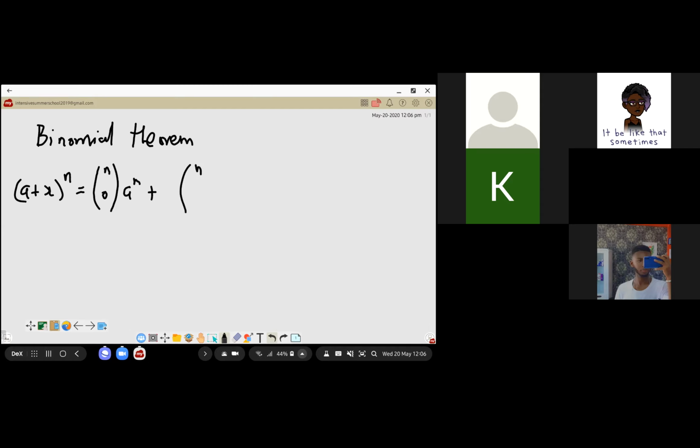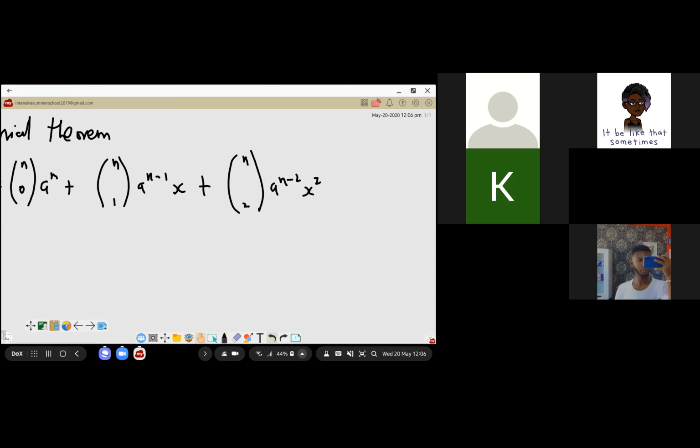So our a will reduce by 1, then our x will be 1. Then the next one is going to be n combination 2. Our a will reduce by another 1, and then our x will increase to 2. So we'll keep going.